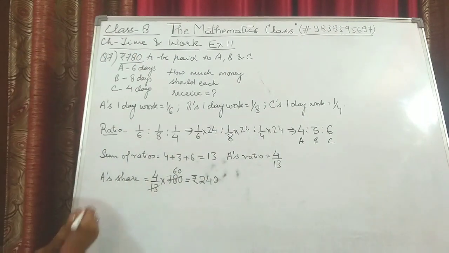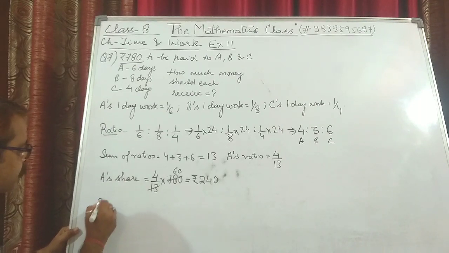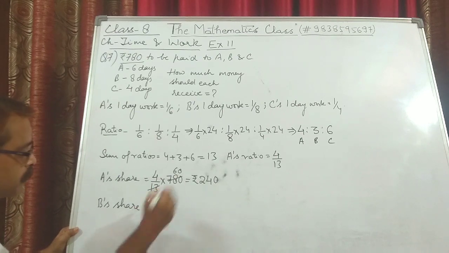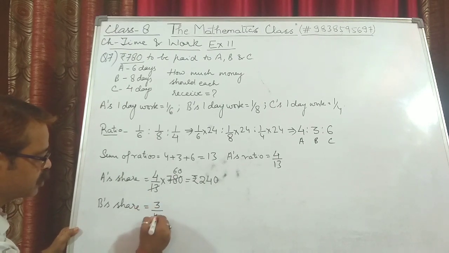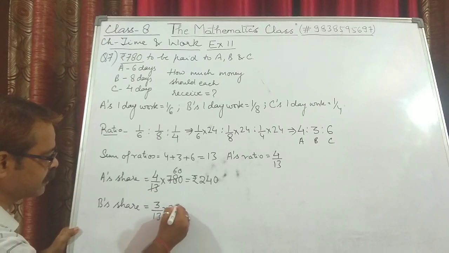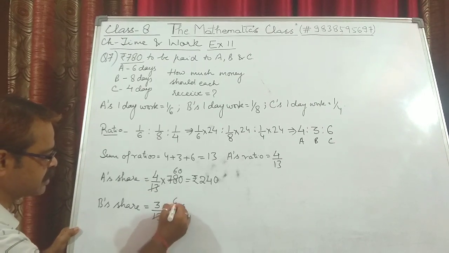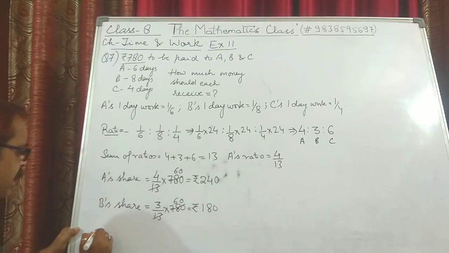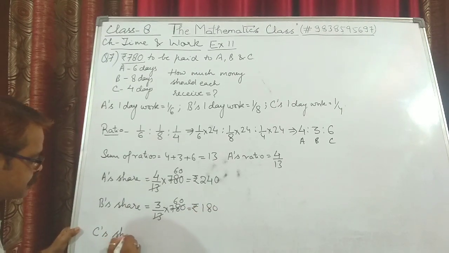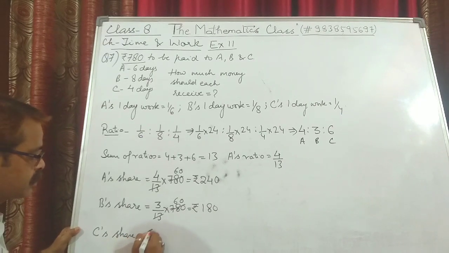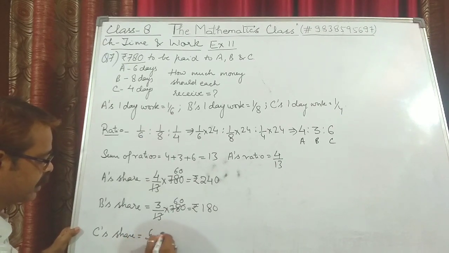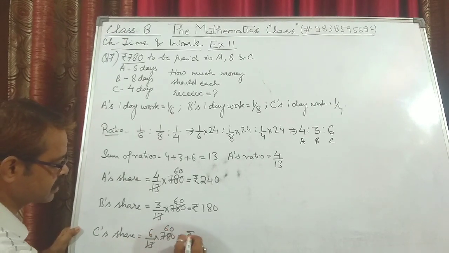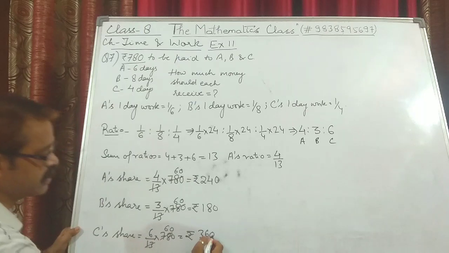Similarly, B's share will be 3 upon 13 into 780. So 13 60s are 780, 6 3s are 18. So that is rupees 180. And similarly, C's share will be 6 upon 13 into 780. Now 13 60s are 780, 6 6s are 36, 360 rupees.